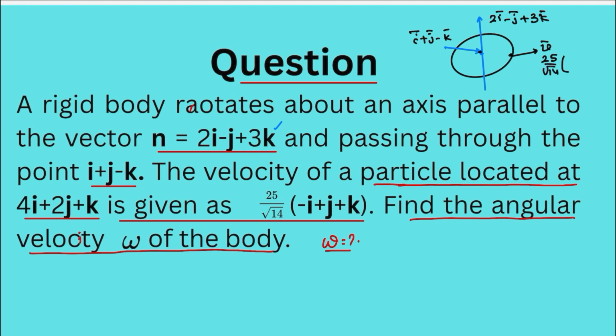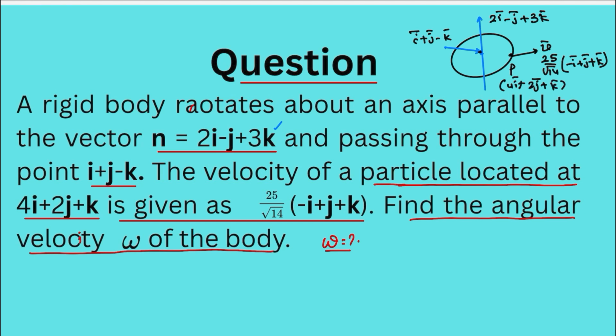Because velocity is a vector, it will be in i, j, k, i plus j plus k. All are vectors here. The axis is a vector, the point is a vector, and the velocity is a vector. The particle is located, this is the particle where it is located, P, it is a vector 4i plus 2j plus k.